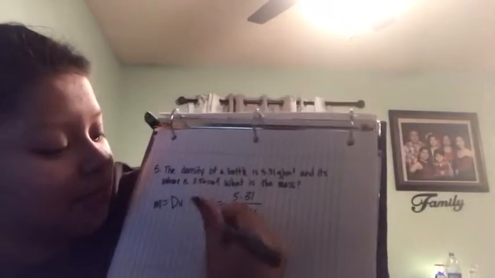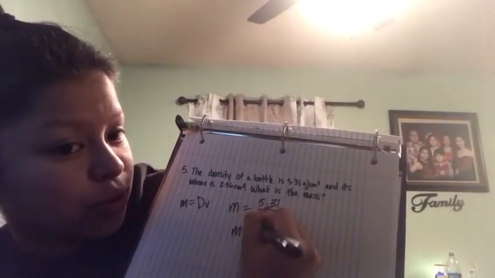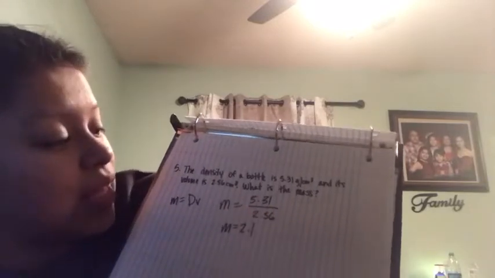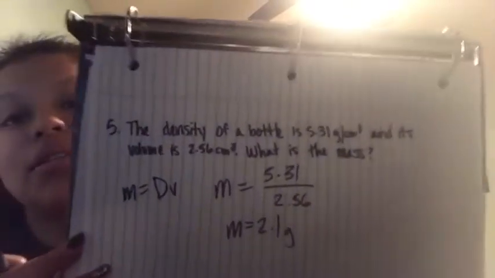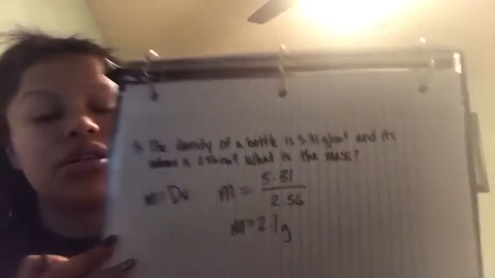We're going to round that up to 2.1. So M equals 2.1, and since it's the mass, it'll be grams, like that. Okay, so that concludes the measurement section of chemistry.